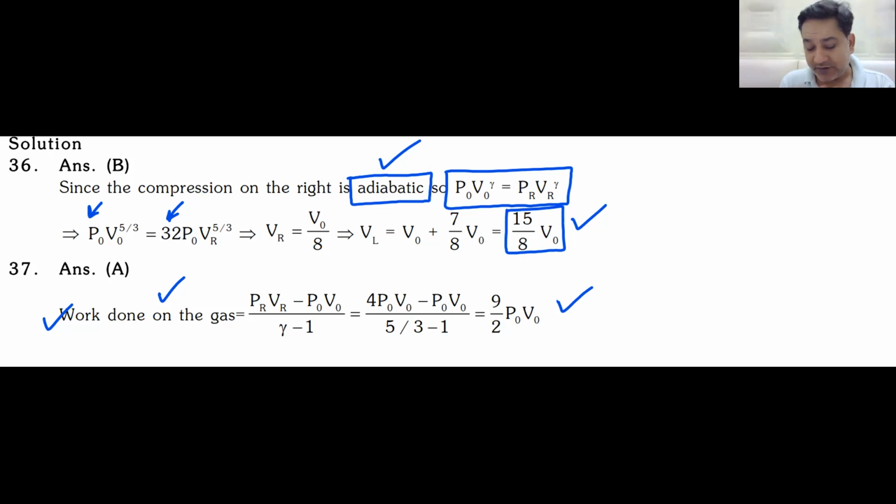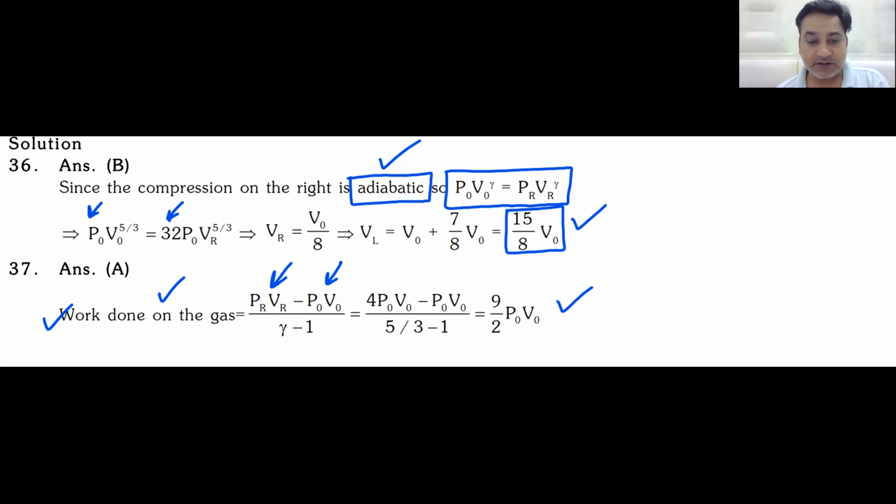If you take work done by the gas, it would be coming out as negative, because it is getting compressed. Therefore, they have used the reverse formula, and they are getting the positive value. Do you understand this?